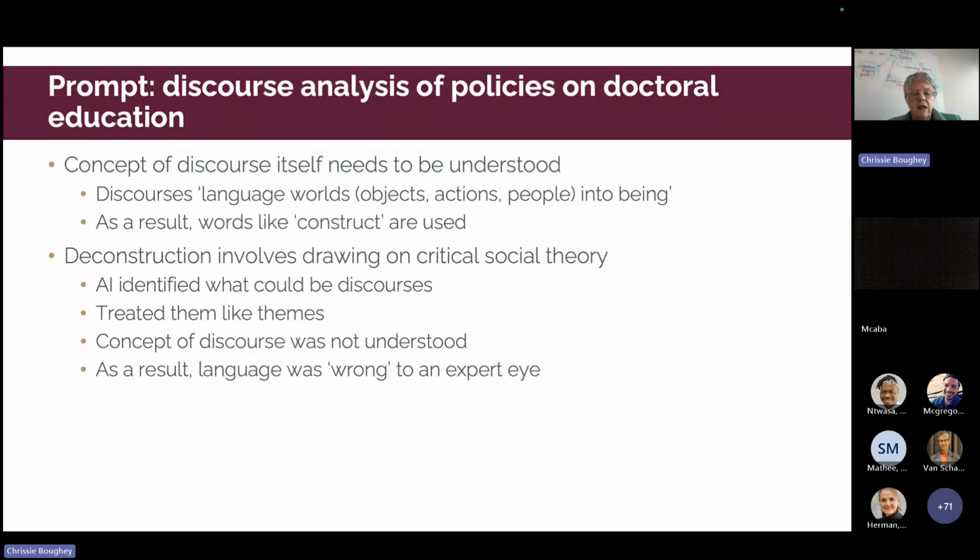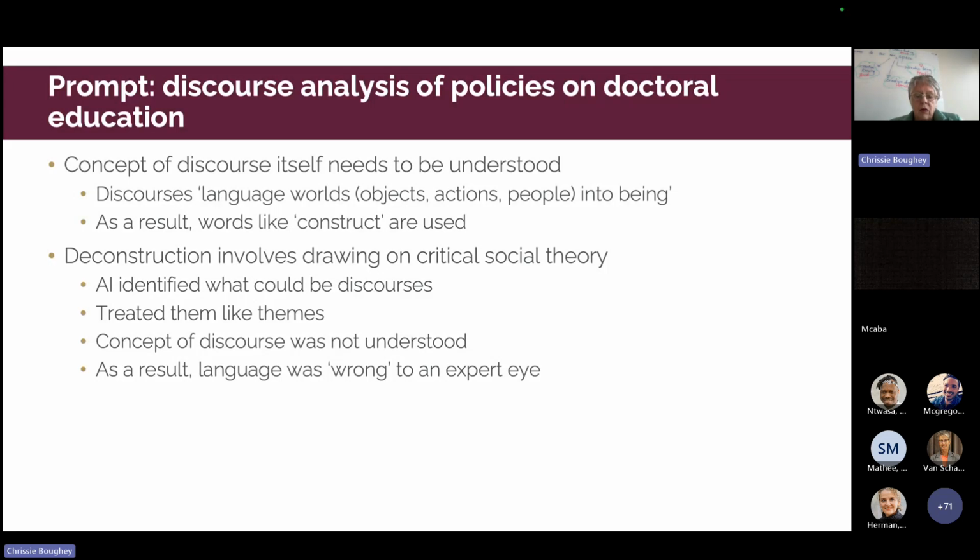What the AI did was it treated the discourses like themes. It did, I would say, really a broad thematic analysis of these policies, which at one level worked, because you could see, okay, well, that could be a discourse, but you needed an expert eye to say, yeah, it could be a discourse. But the concept of discourse itself was not understood.